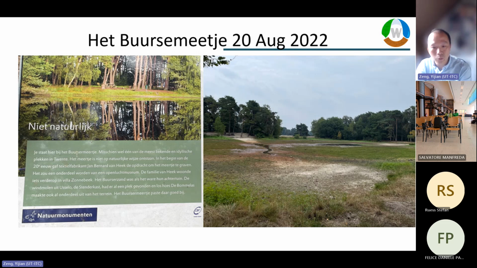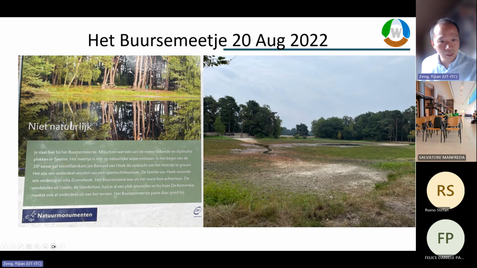But if you go to a nature reserve or natural park in the Twente region, where my university is located, you can see some very shallow lakes have just disappeared.